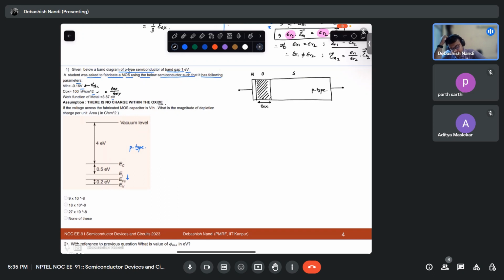Okay. If the voltage across the fabricated capacitor is VTH, what is the magnitude of the depletion? Okay. So they are telling us that there will be some voltage. For the time being, let's call this G, this is B. Okay. Do you know why this is called G and B?